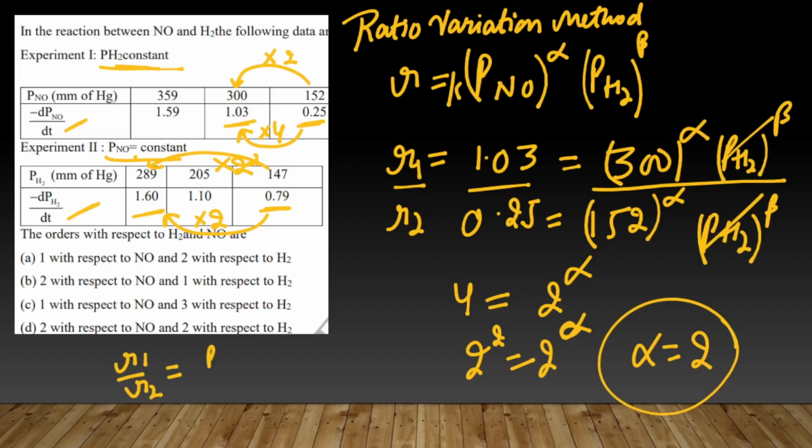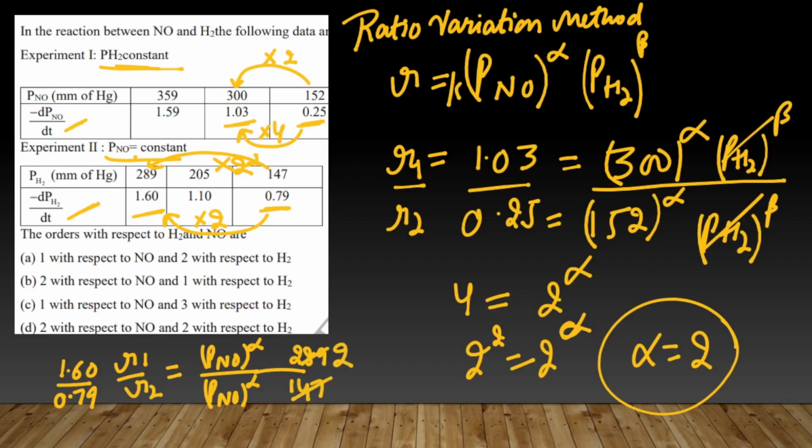The pressure of NO is kept constant. The first rate we take as 1.60, and the other as 0.79. When it's 1.60, the pressure of the hydrogen is 289, and here it is 147.